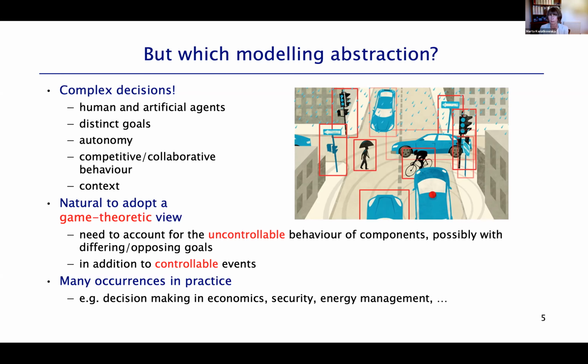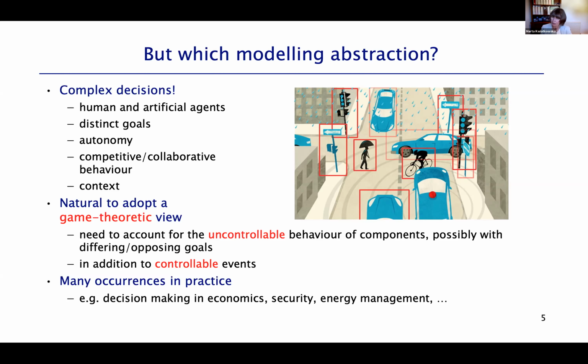But what we have now is a very complex scenario where we have a mixture of human and artificial agents. They may have distinct goals. They want to optimize for different properties, and they are autonomous, like autonomous cars. They may need to compete for resources, but they may also want to collaborate. And of course, there is complicated context.